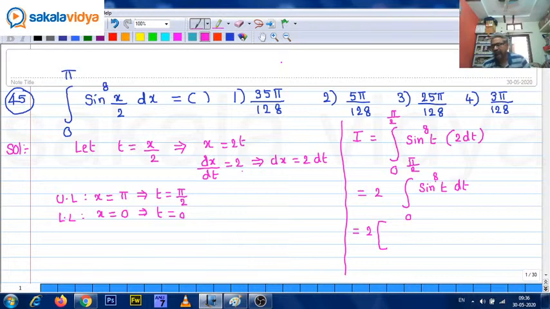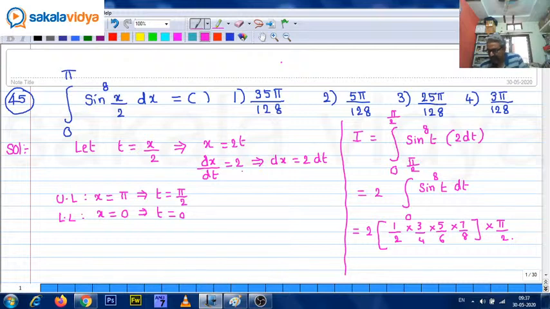Whenever even power is there, start the counting from 1: 1, 2, 3, 4, 5, 6, 7, 8. Stop. Whenever even power is there, multiply with pi by 2. That's all, you get the answer.